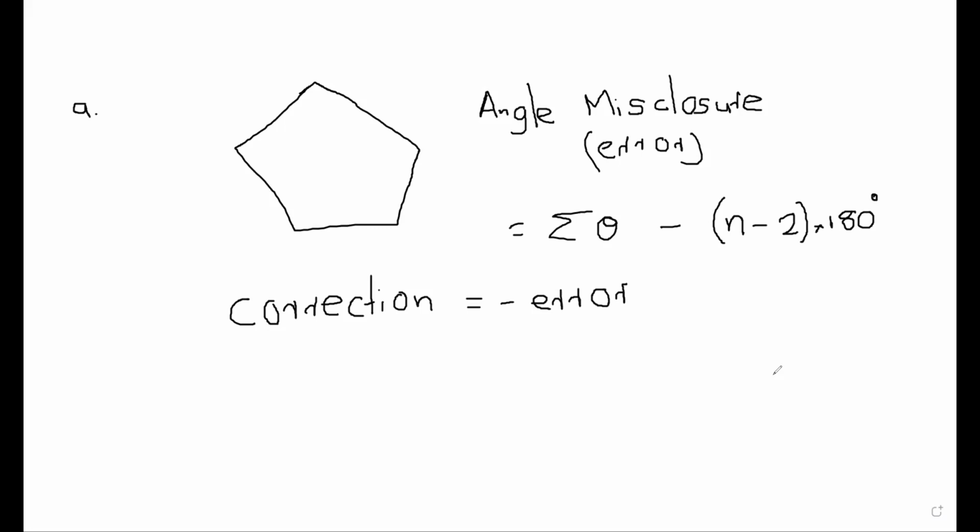So you can write the equation for this one. This is actual minus measured. If the error is measured minus actual, when you substitute, you will end up with actual minus measured. That is the correction.